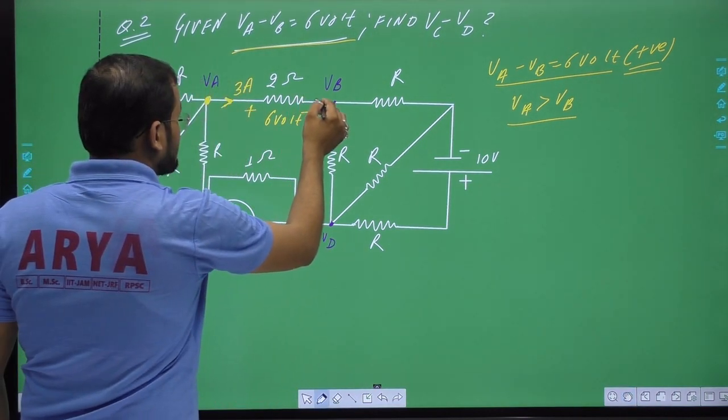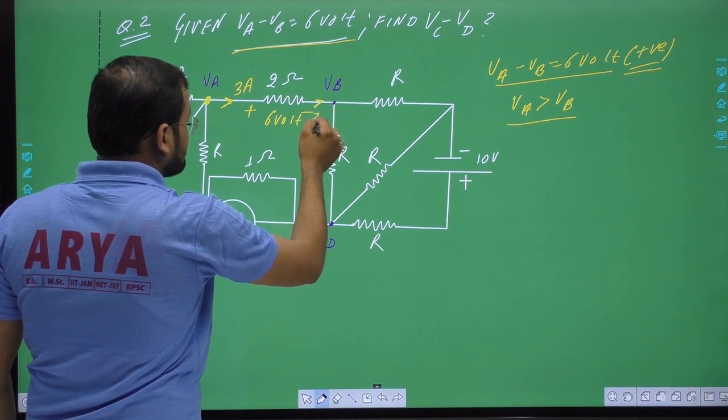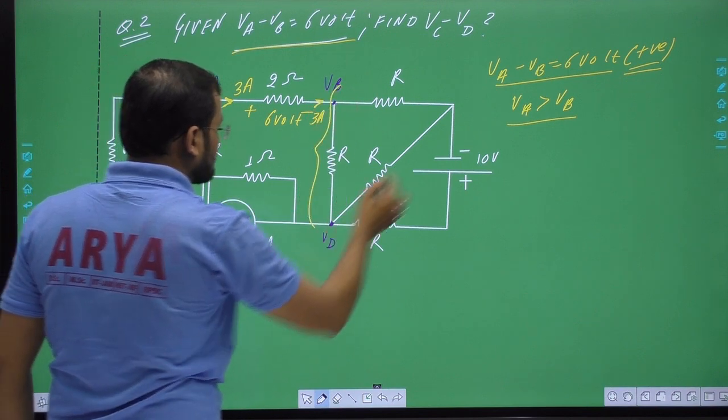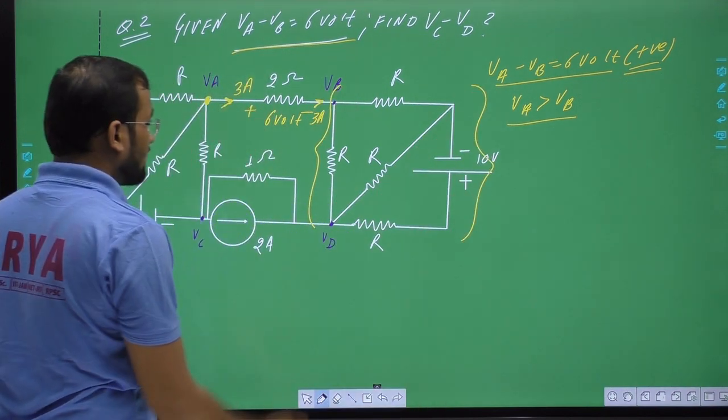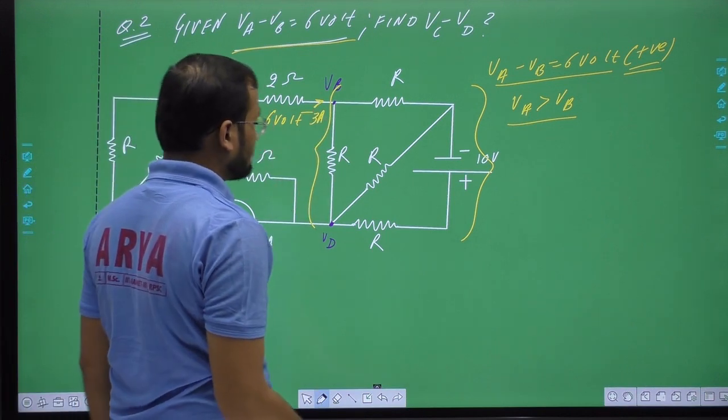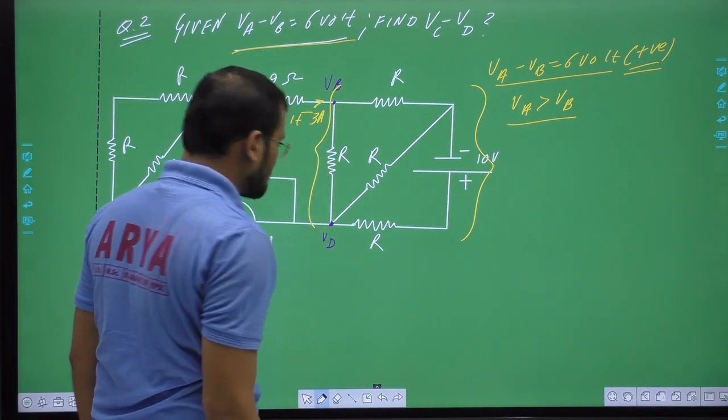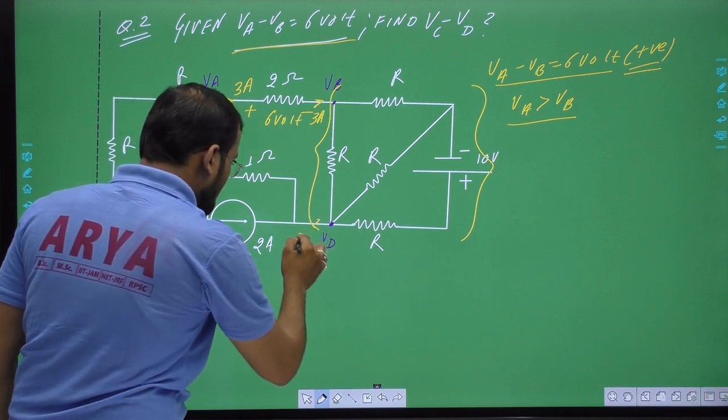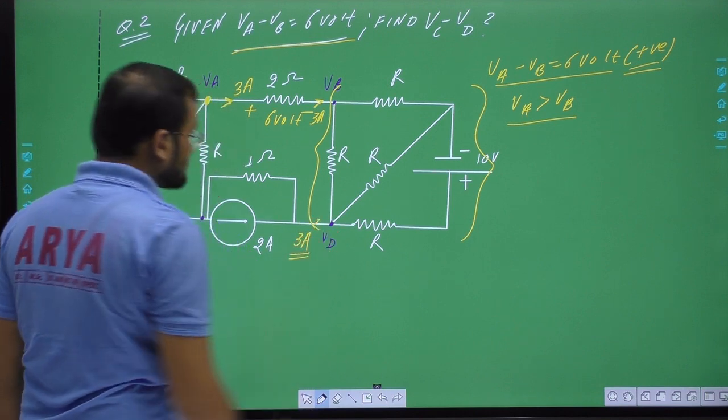So 3 ampere current is entering this point, and by KCL we know that if any current is entering a circuit, then the same amount of current will leave that circuit.